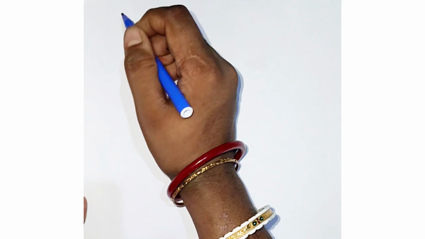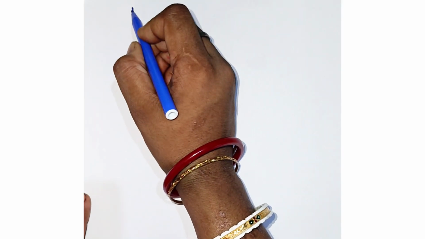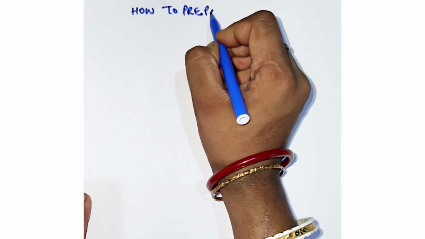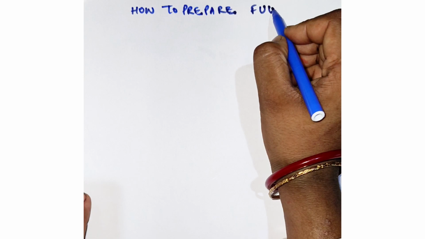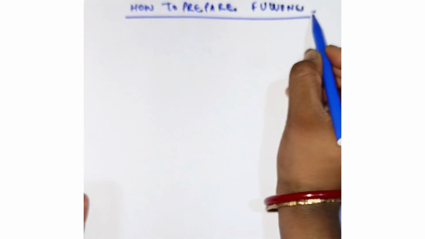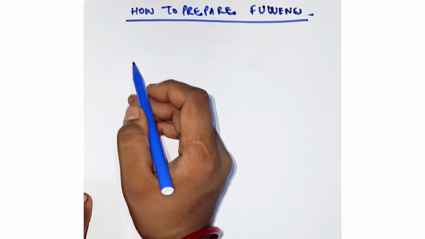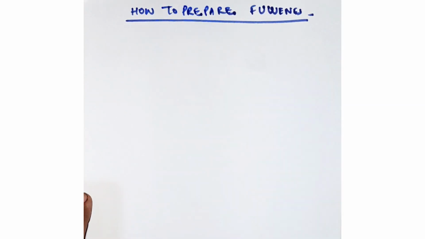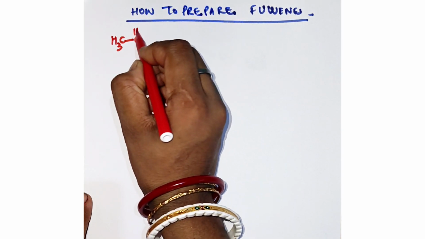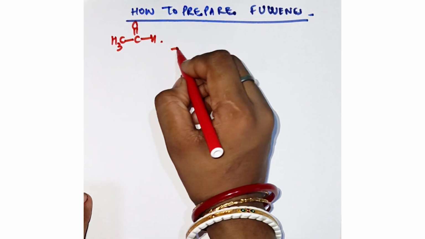So there is another question we will do. This is the last question on the Knoevenagel reaction, and this is about how to prepare fulvenes. Okay, so fulvenes are prepared by this Knoevenagel condensation. Let's see this. There will be an aldehyde, acetaldehyde.